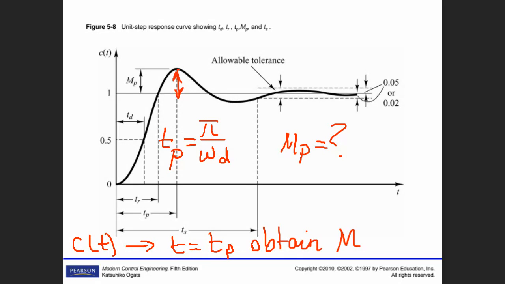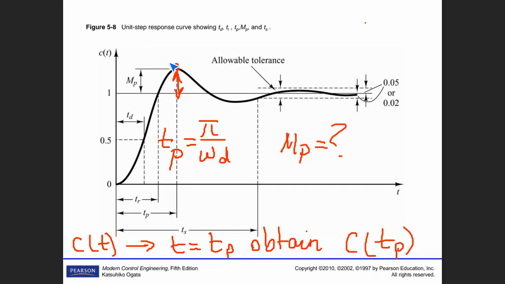sorry, not M_t. You obtain, are you following me? You obtain the function of the output at t_p. You obtain c(t_p). c(t_p) means that maximum point over there.